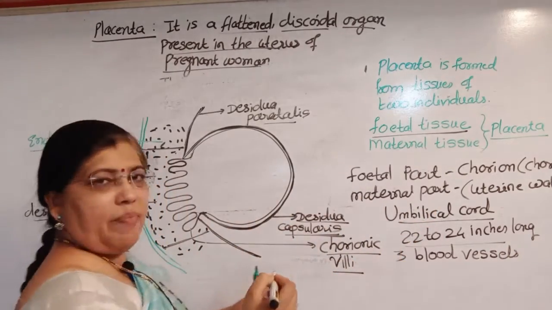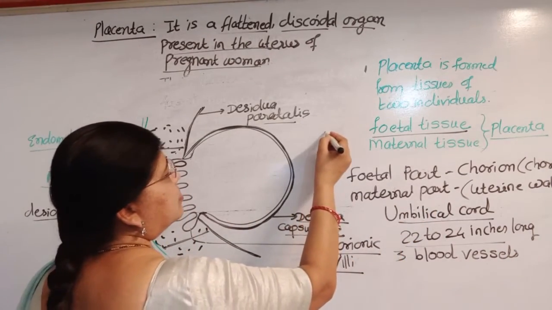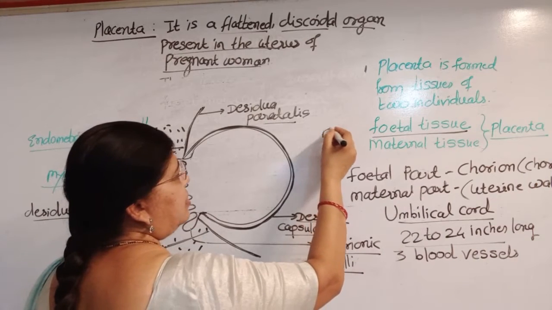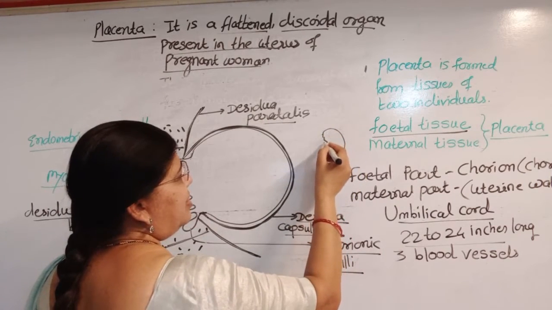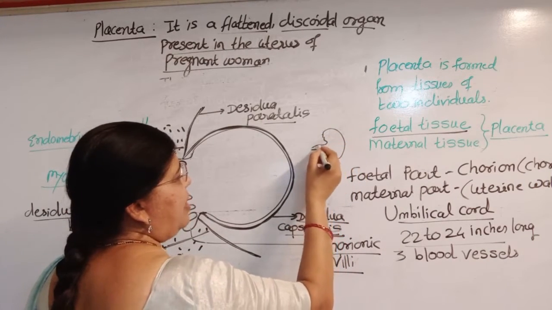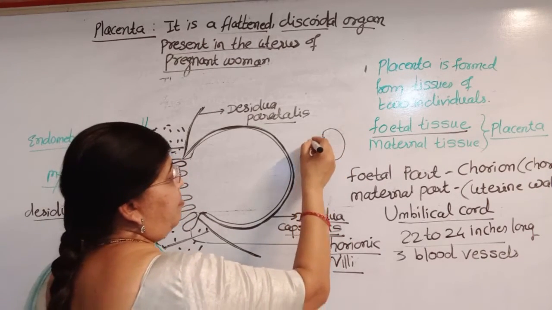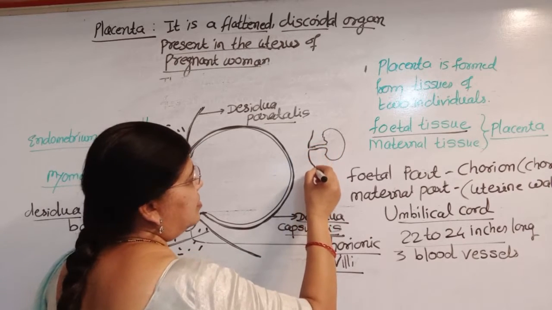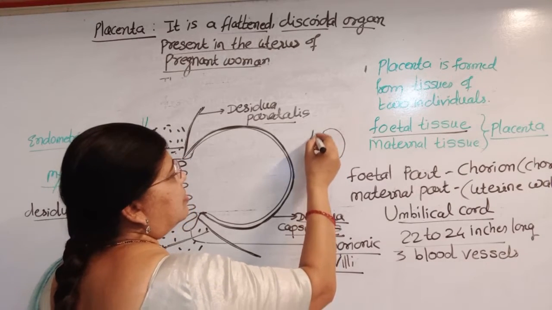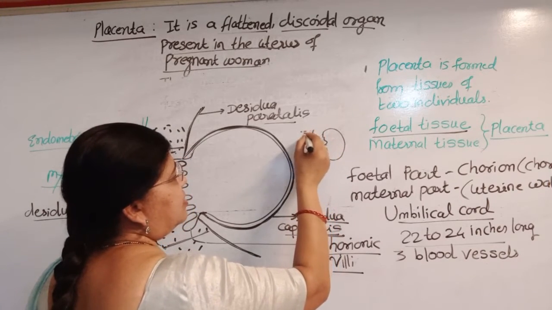So if this is embryo, then this is called umbilical cord, and this structure is placenta.